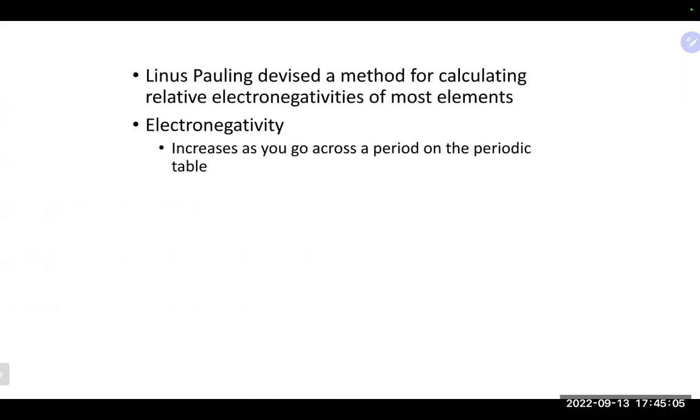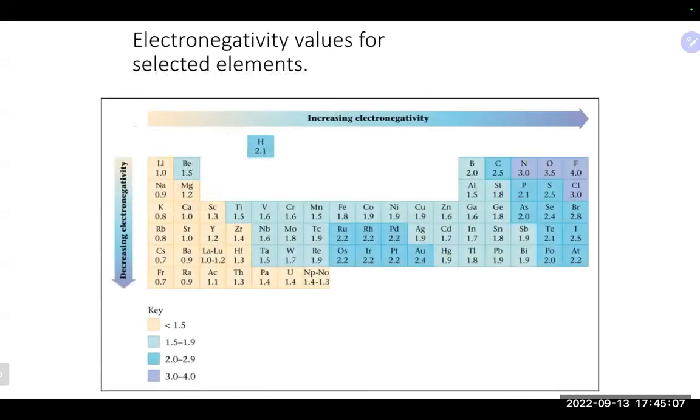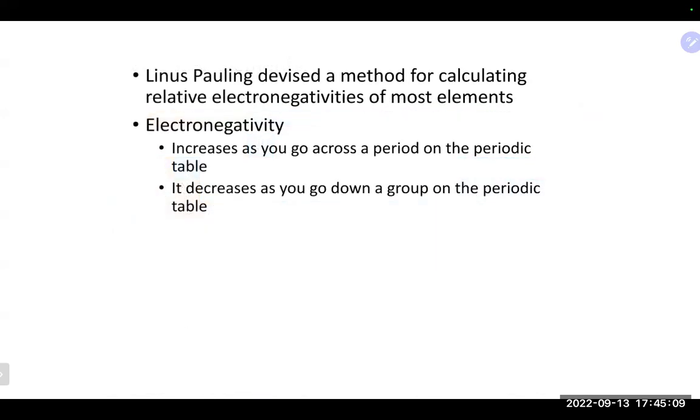Now, if we put two things together, how can we determine whether we will get equal sharing or unequal sharing of electrons? A guy by the name of Pauling came up with a scale that we use for electronegativity. 4 is the most electronegative value, 0 being not so much.